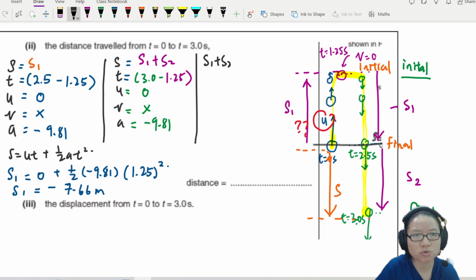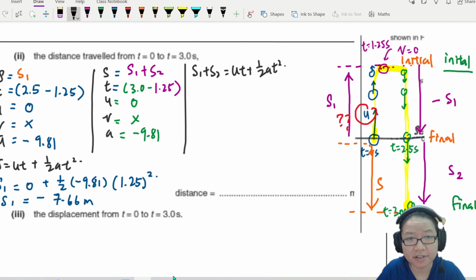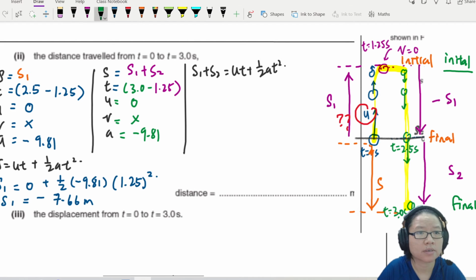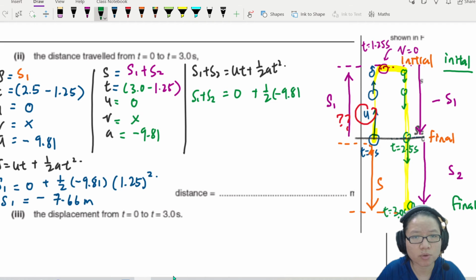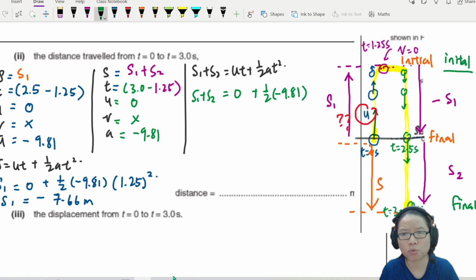S1 plus S2 is ut plus half at squared. Substituting the values in, u will be 0, S1 plus S2 is half, negative 9.81, 3.0 minus 1.25, which is 1.75.